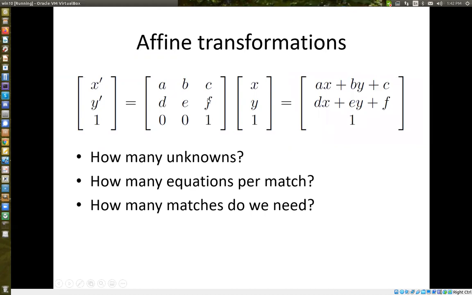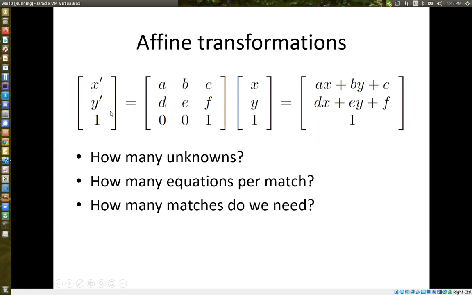For each match, I have a pair (x', y') and (x, y), so I can write this as a matrix equation, or expand it this way. I have ax plus by plus c equal to x', and dx plus ey plus f equal to y'.